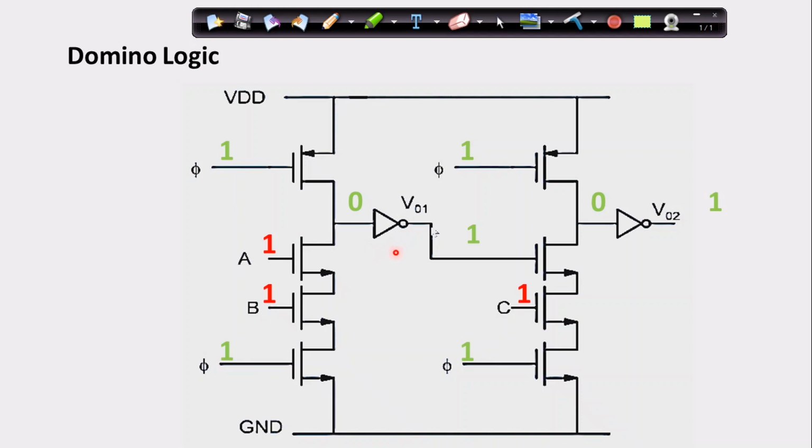CMOS logic is always restoring logic. That means even though there is a slightly lower voltage at the input end, I'll still get a proper, standard output at the output end. So even though there might be a delay in getting this one, there won't be any delay in terms of switching.